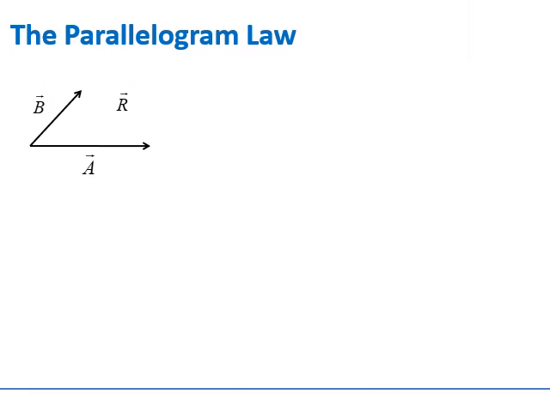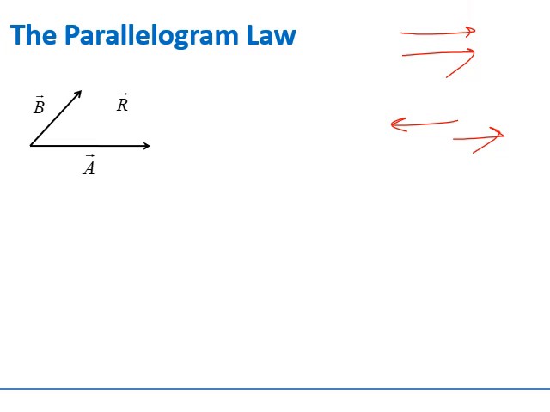Next we have the parallelogram law. In the last slide we saw that we can have vectors either in the same direction or in the opposite direction. But all these vectors were along the same axis.